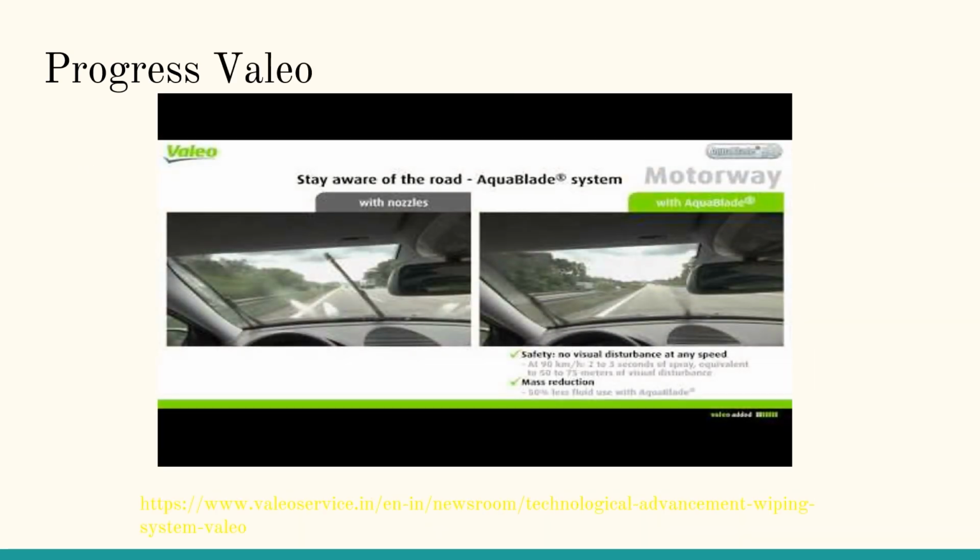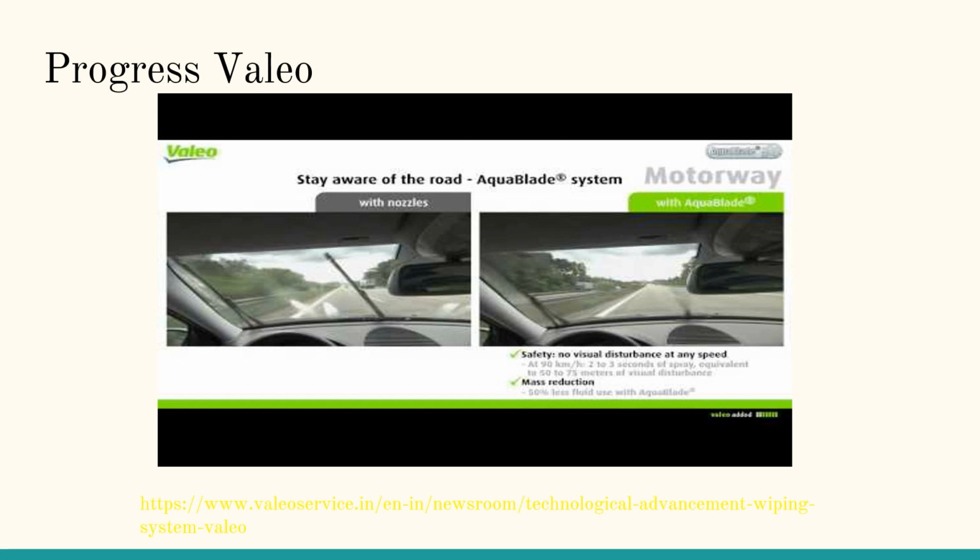So here is a company, Valeo, which has developed a certain windshield mechanism that we will see. The progress Valeo has made is that the normal washing mechanism is installed at the base of the windshield.